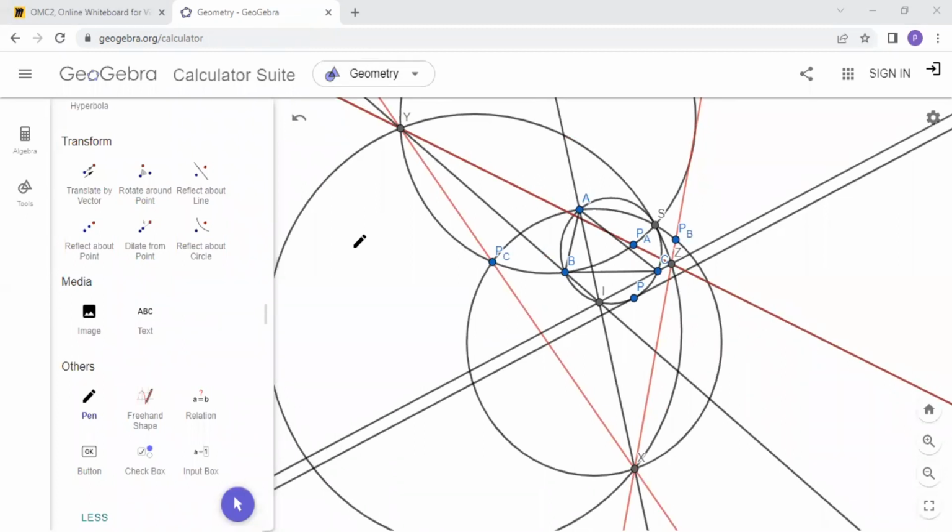Yep, angle chase again. Basically, very similar to the proof we did before.